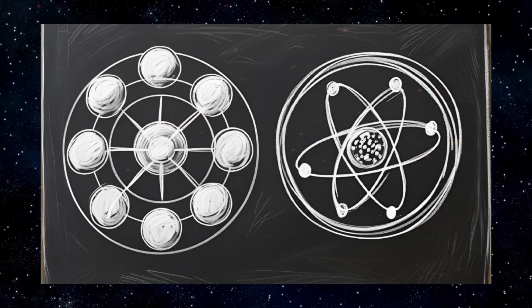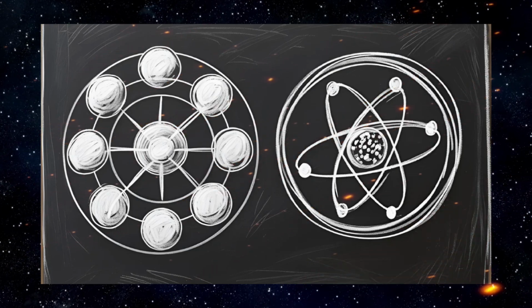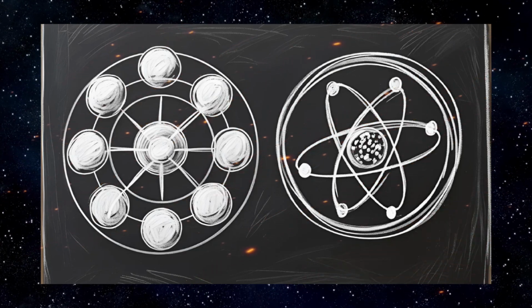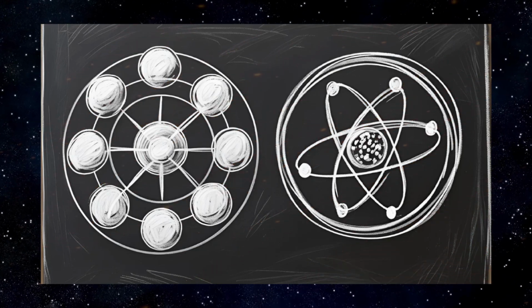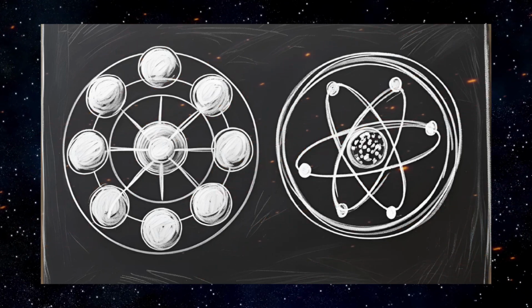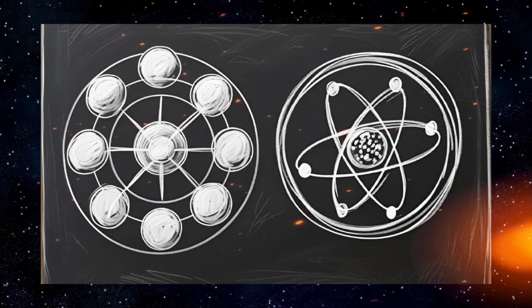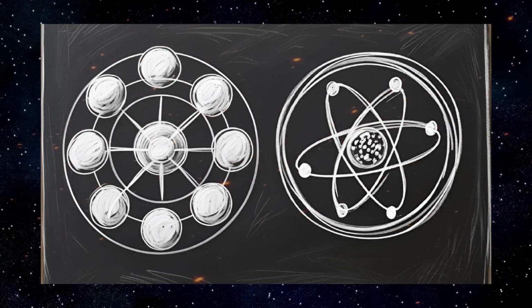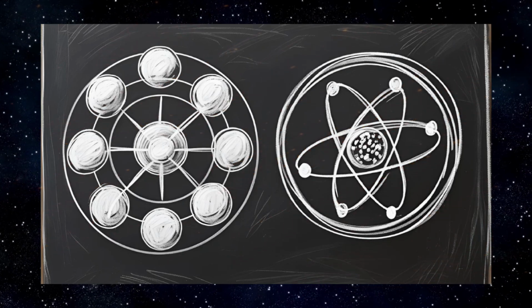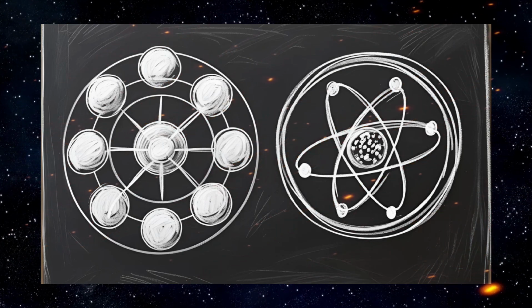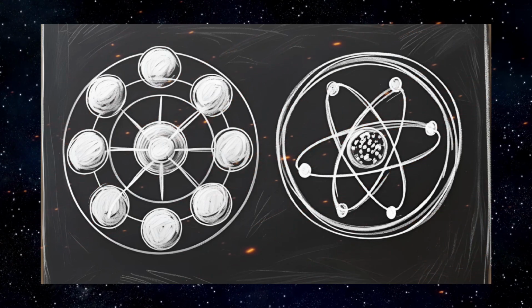This makes them highly reactive, especially with water. Group 17, the halogens, have 7 valence electrons and are known for their powerful reactions with metals. Group 18, the noble gases, have full outer shells, which makes them extremely stable and unreactive.